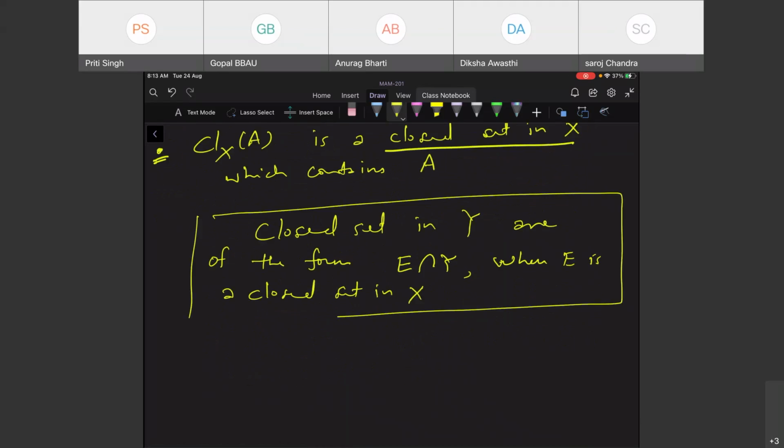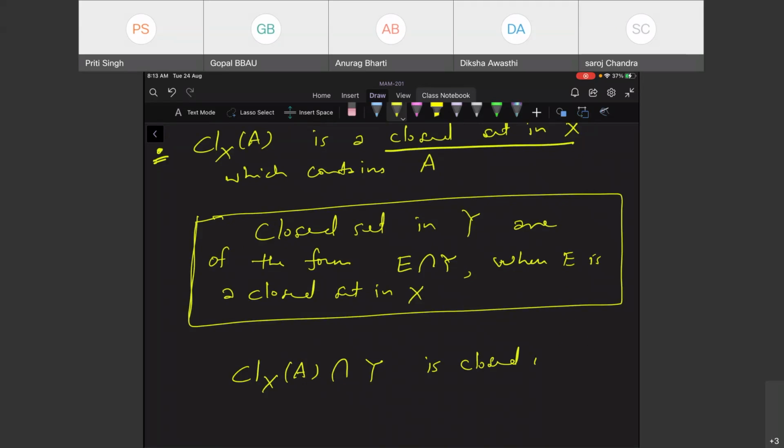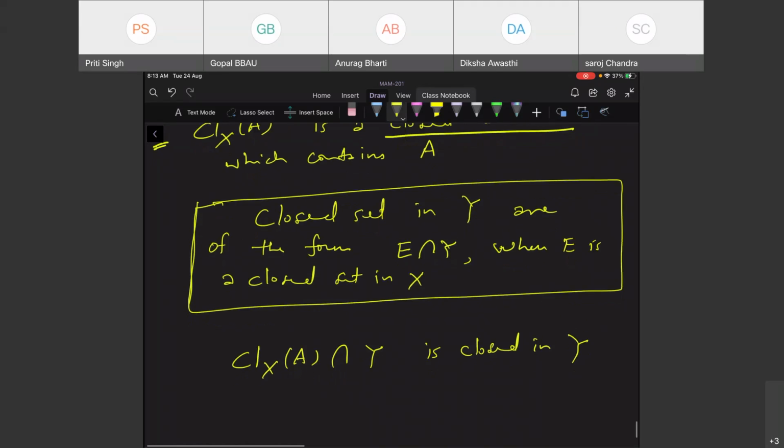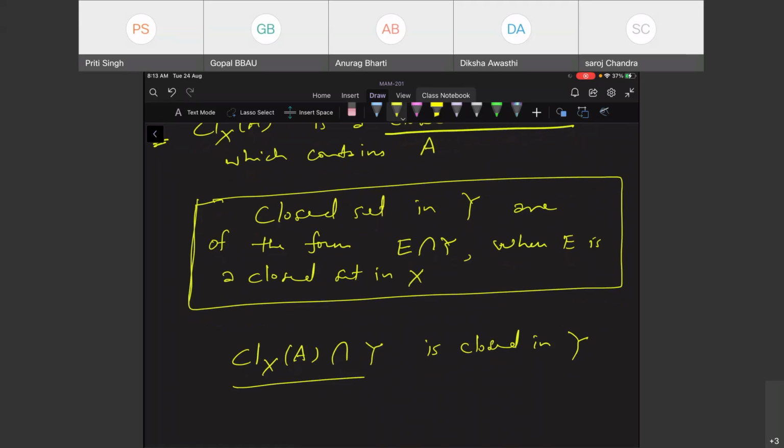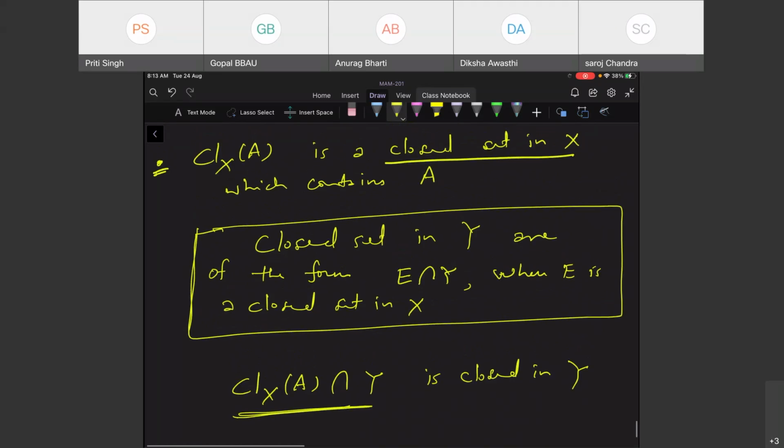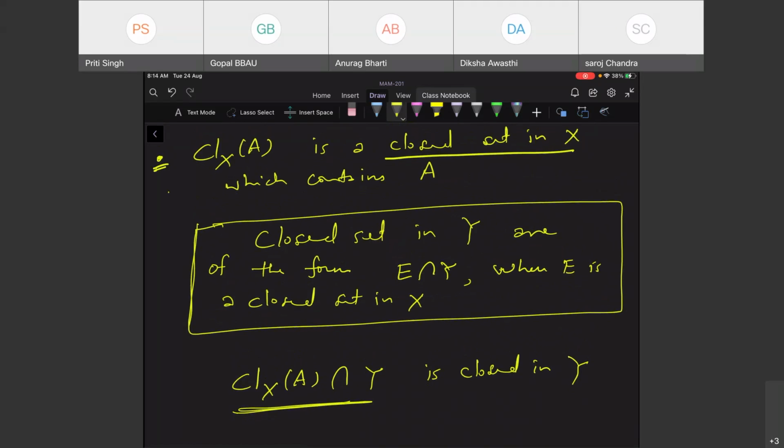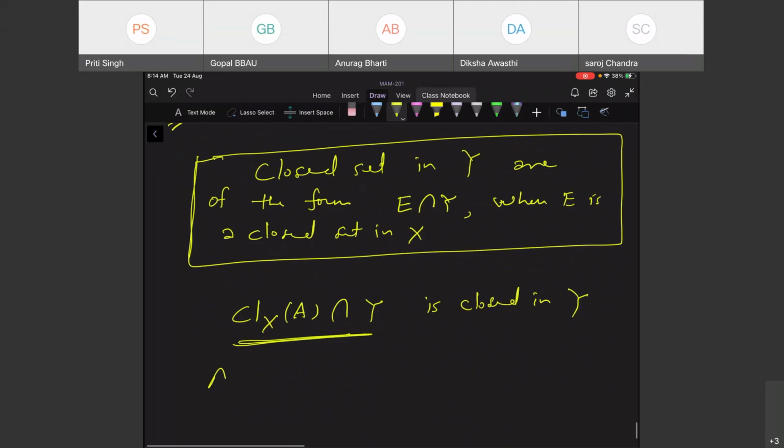So since closure of A in X is a closed set in X, using this observation, closure of A in X intersection Y is closed in Y. And this set contains A, because closure of A in X contains A and Y already contains A. Therefore A is contained in closure of A in X intersection Y. Is this clear to everyone?